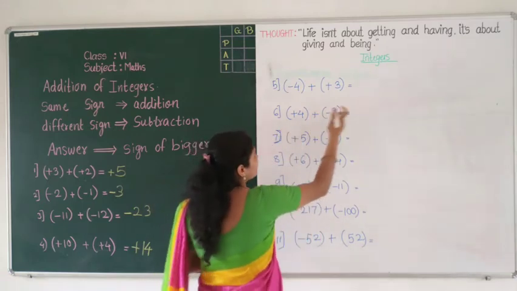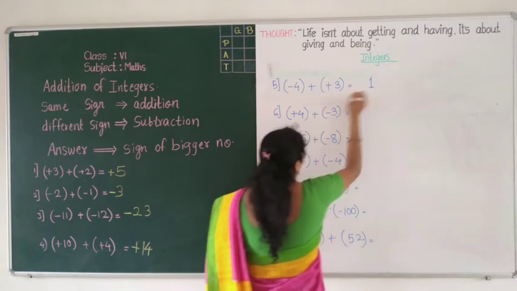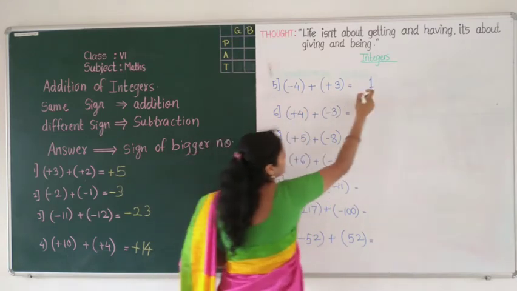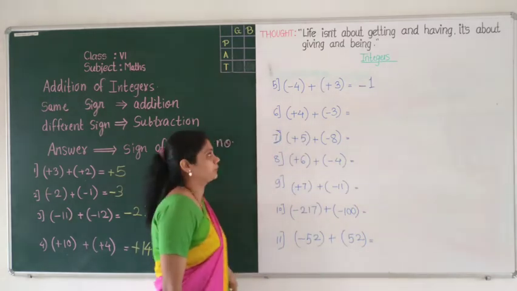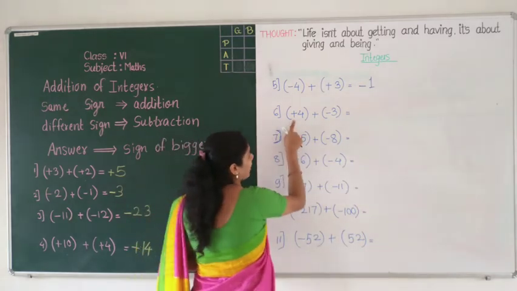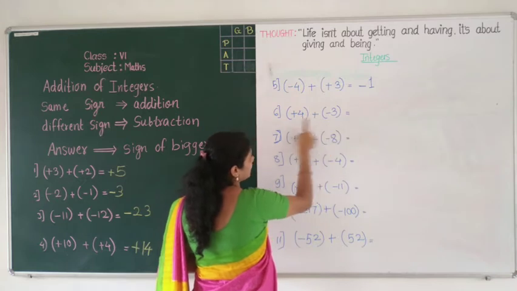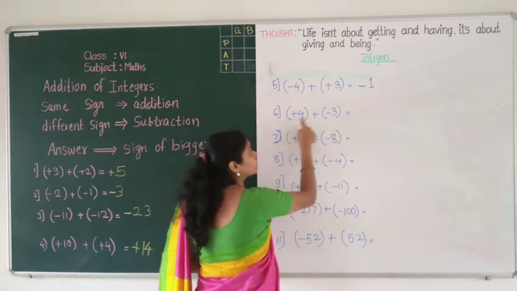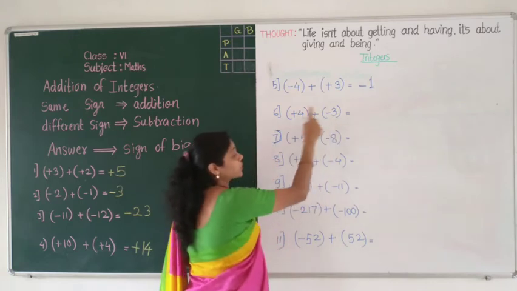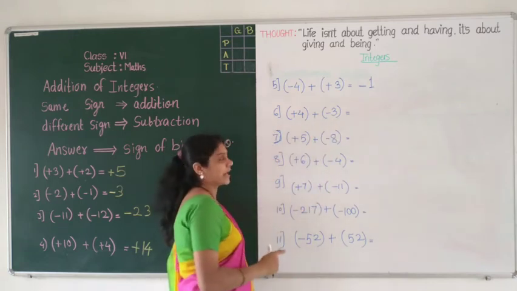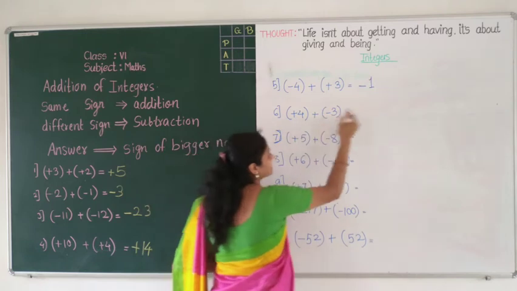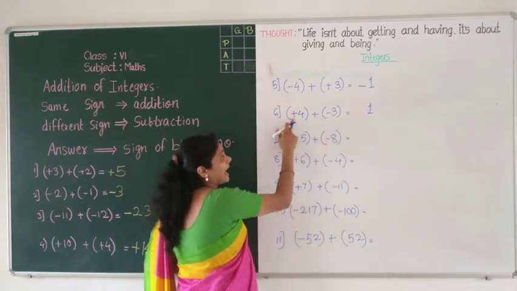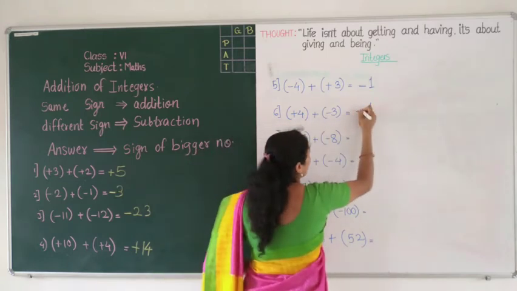So 4 minus 3 is 1, and between 4 and 3, 4 is the bigger number and its sign is negative. So here we will give the negative sign. Next, positive 4 plus negative 3. Here is the positive sign, here is the negative sign. Both signs are different. So here we will do subtraction. So 4 minus 3 is 1 and the bigger number is 4 and its sign is positive.